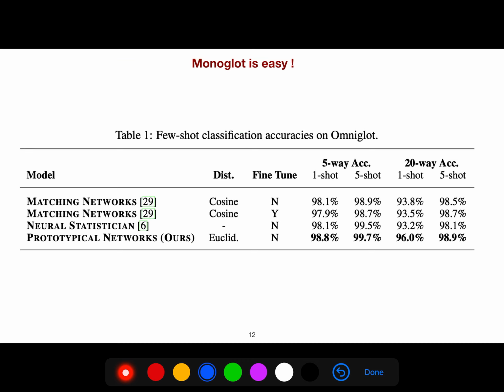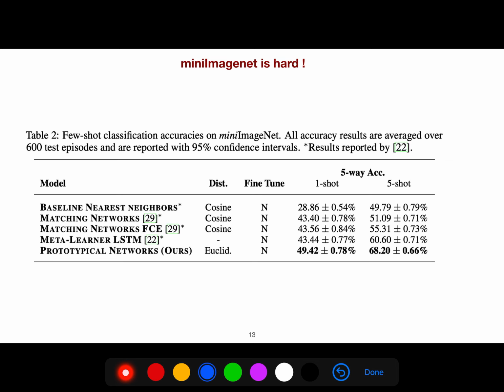As I said in the previous lecture, Omniglot is easy. You see, state-of-the-art algorithms are more than 95, even 96%. But miniImageNet is even harder, because state-of-the-art is just 49%.